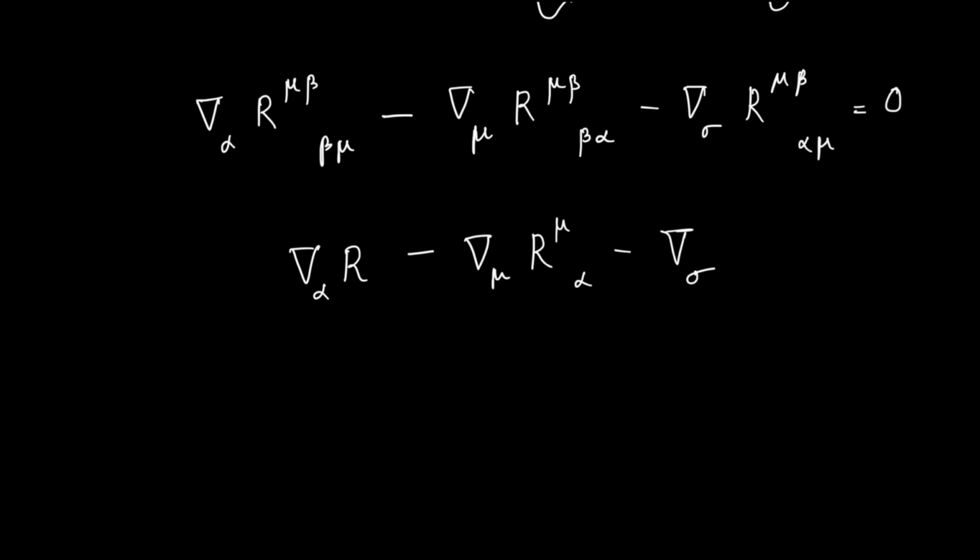Here also mu and mu are summed over, so I'll get R beta alpha, is equal to 0.